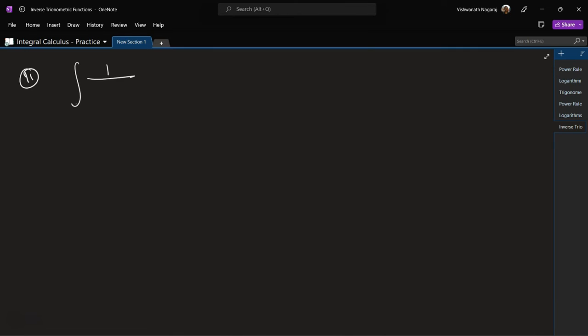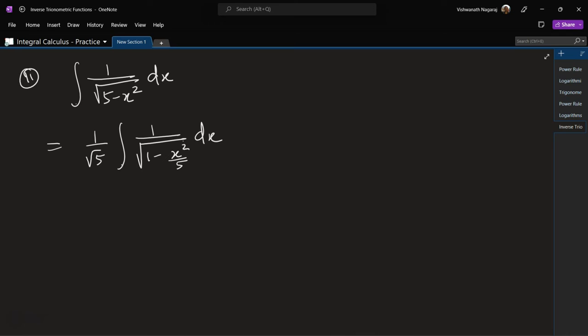Integral of 1 by square root of 5 minus x square dx. Okay. Now first we have to take out square root of 5. So this becomes 1 by root 5 integral of 1 by square root of 1 minus x square by 5 dx.